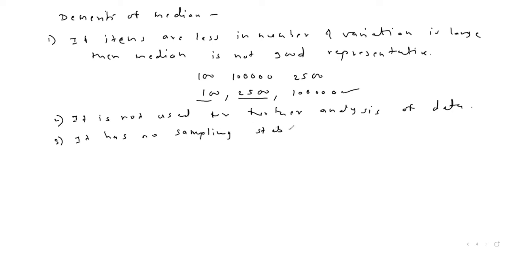That means if we have a population and out of that population, we draw 2 samples, and for those 2 samples, if we find the median, in many cases they are not equal. Hence, it has no sampling stability. It is also not based on all observations.